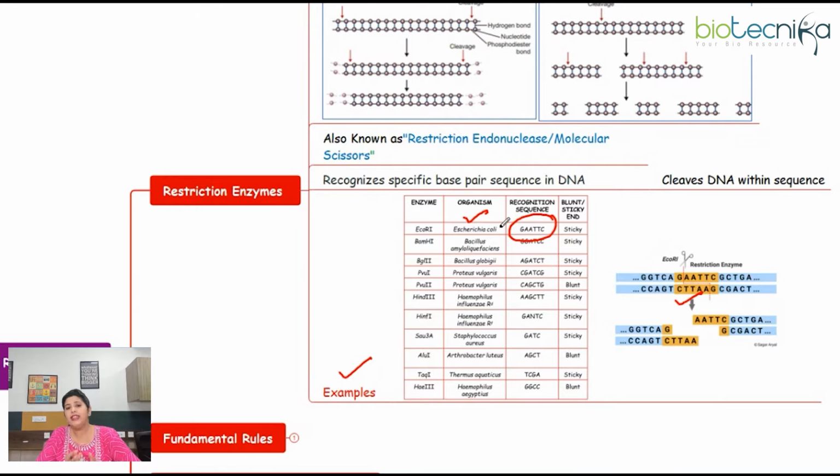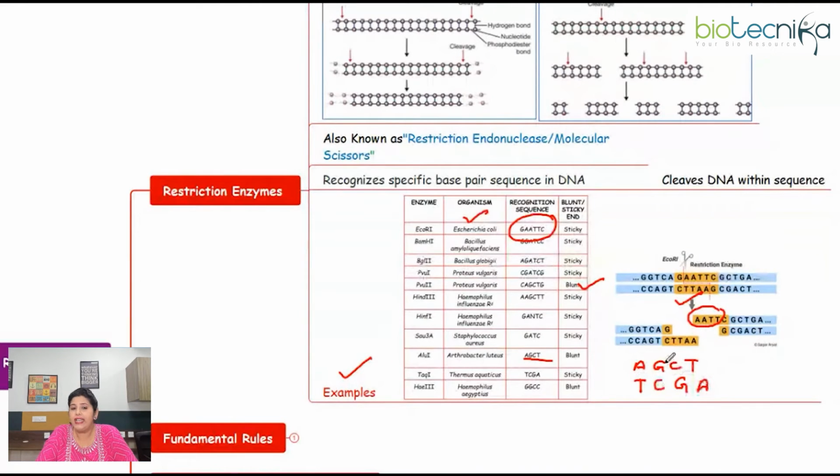Now, when the enzyme cuts, it can generate sticky ends. As you can see here, this is a sticky end with an overhang region. Another type of end that can be generated is the blunt end. For example, if you take this enzyme site AGCT, and the complementary strand will be TCGA.